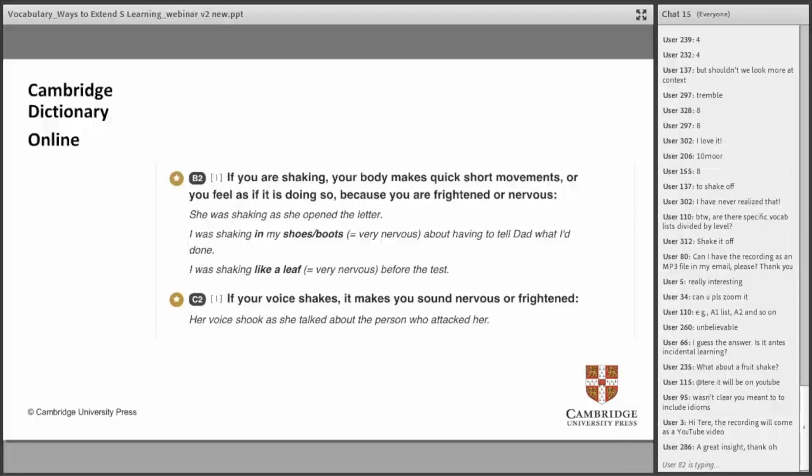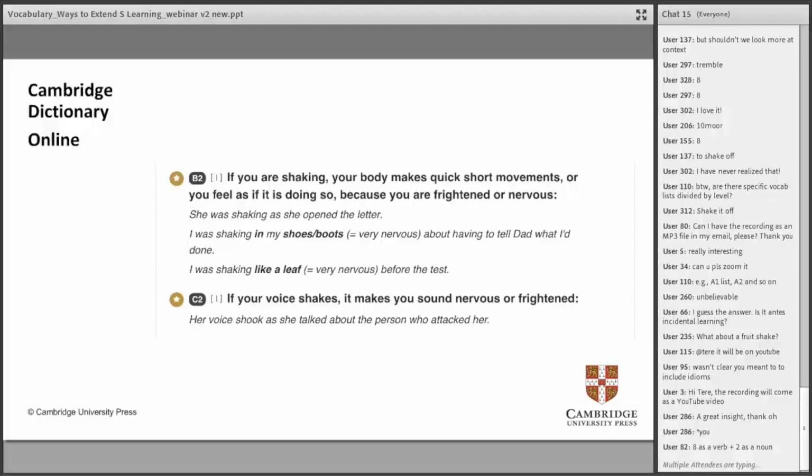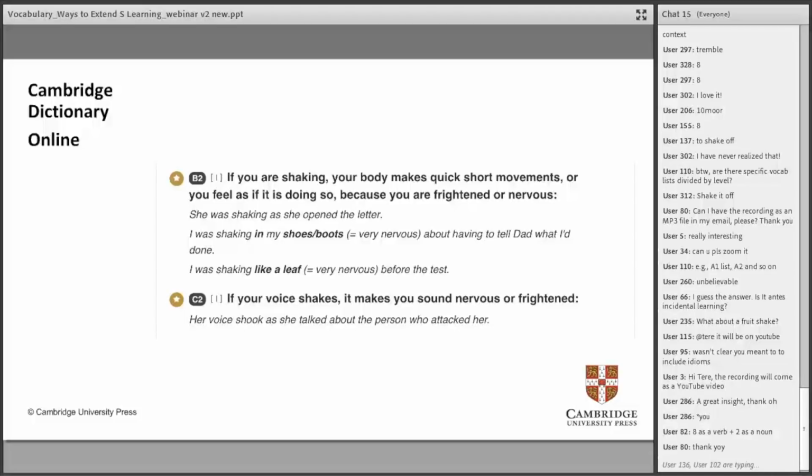A key thing though is that here it's being used as a verb, but in the text it was used as an adjective. So an adjective has been made from the verb, but with this meaning of nervousness. This is what students have to deal with if they are looking at an online dictionary like the Cambridge Dictionary Online.